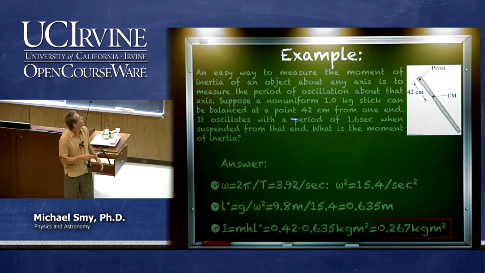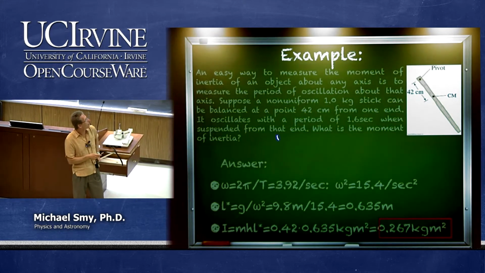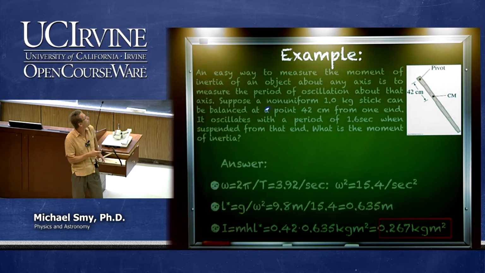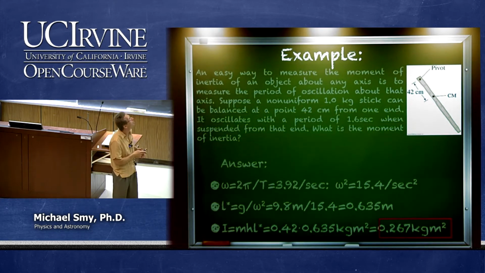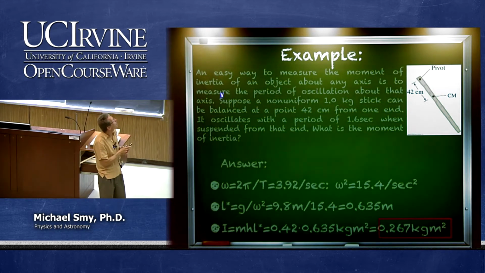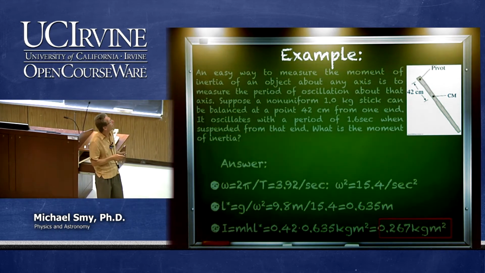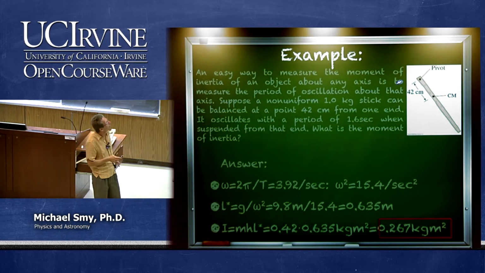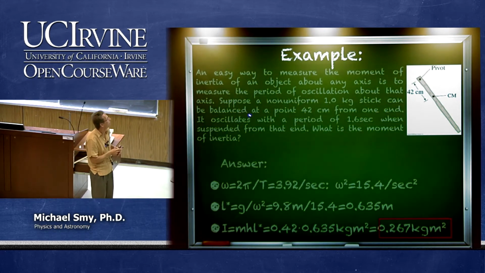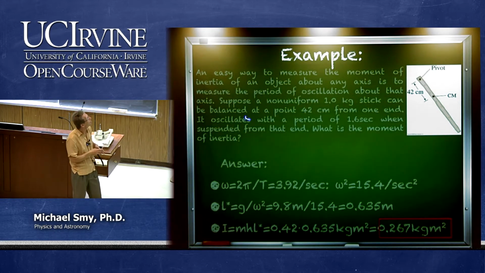This provides an easy way to measure the moment of inertia, which is not a very easy quantity to measure in general. We can measure the moment of inertia about any axis that we wish, if we simply pivot it around the desired point and then measure the period of oscillation around that axis.